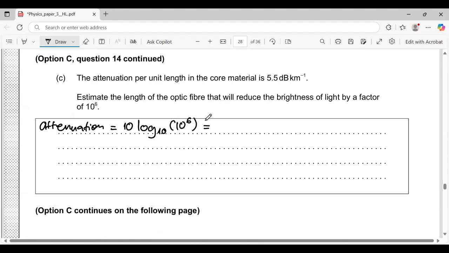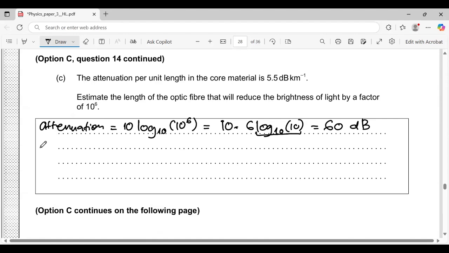We can rearrange this logarithm based on the logarithm rule, writing 10 times 6 in front of log 10 of 10. And this is 1. So it's going to be 60, because 10 times 6. So attenuation equals 60, and the unit is decibel.